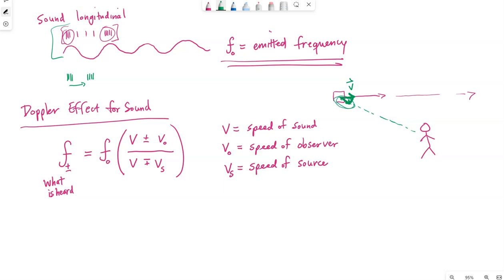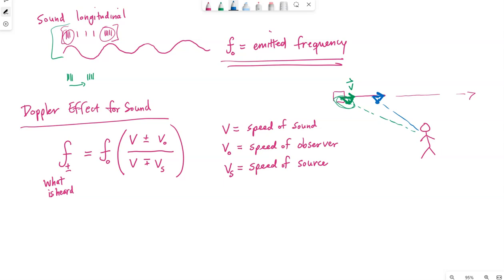It's only the component that points directly to the observer that matters in this equation. As the car continues to move, the component that points directly towards us changes. And that's why we hear a continual change in pitch as the car approaches and then recedes. That component of the velocity that points either directly towards or away from you as the observer is what matters.